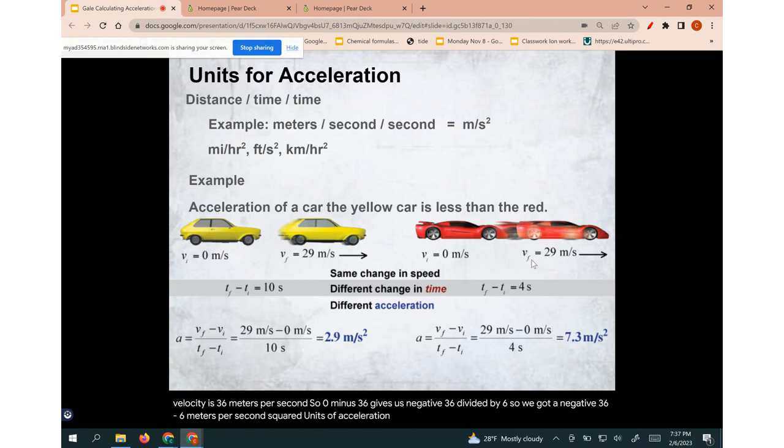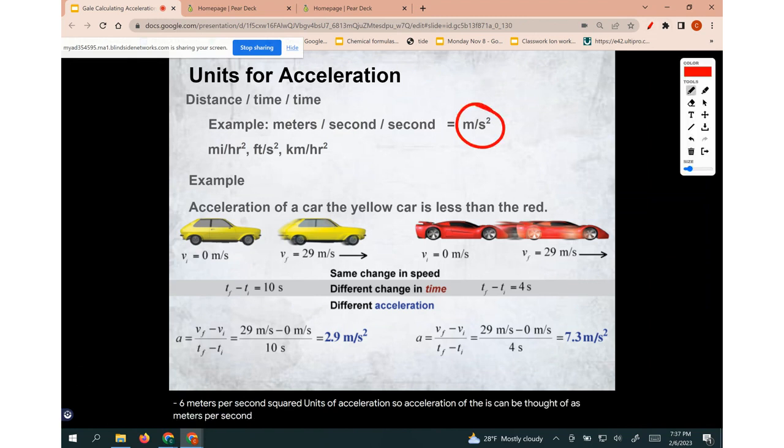Units of acceleration. Acceleration can be thought of as meters per second squared, miles per hour squared, feet per second squared, kilometers per hour squared. So let's take a look at the yellow car.